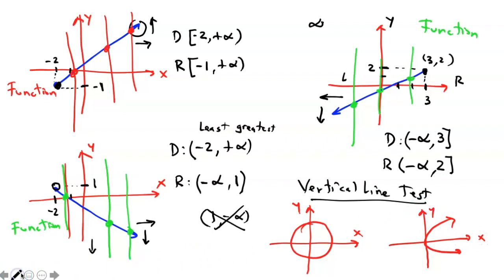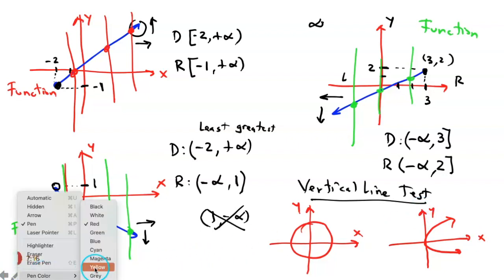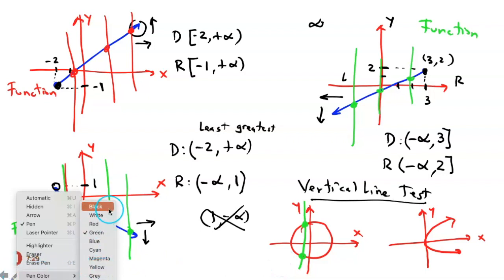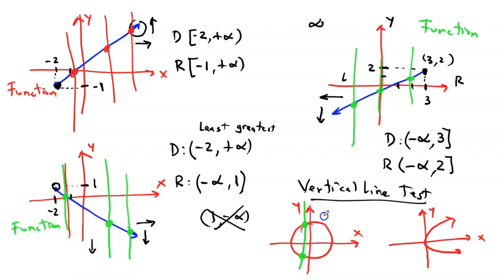Now, let me bring the green line. Let's do the vertical line test. How many points am I touching in my circle? 2 points. Because I'm touching more than one, this is not a function. Not a function because I'm touching more than 1 point.